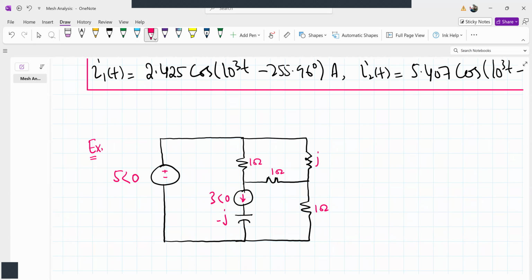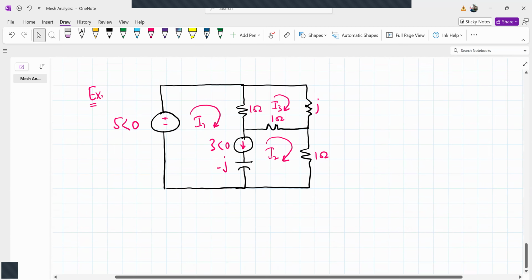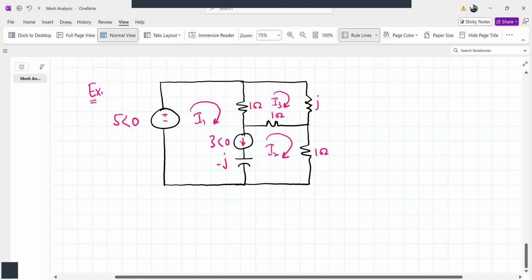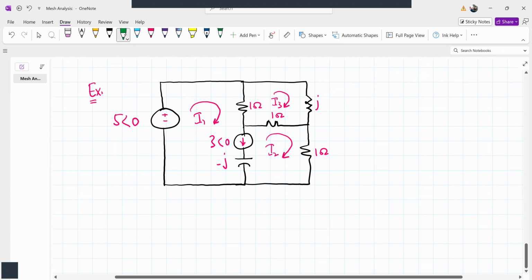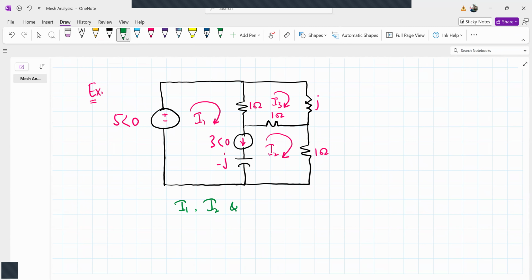And impedance of this resistor is 1 ohm. Our goal is to find the phasor mesh currents I1, I2, and I3. These currents are in phasor form.